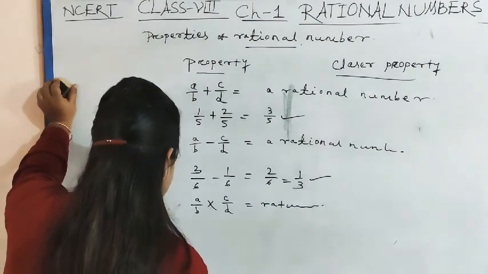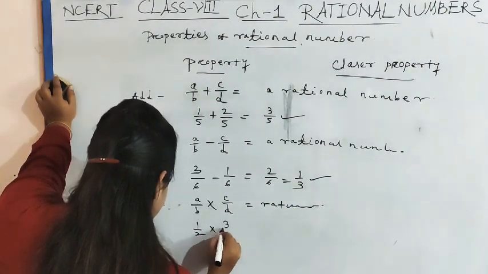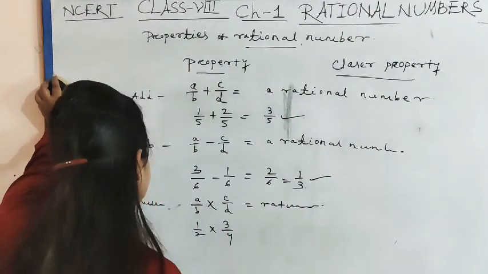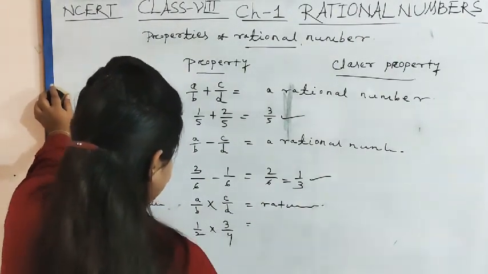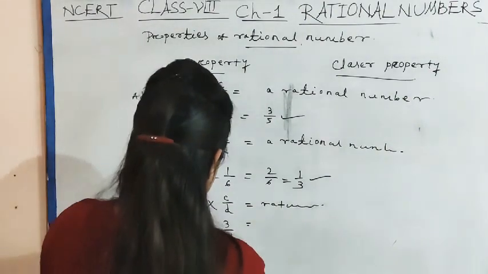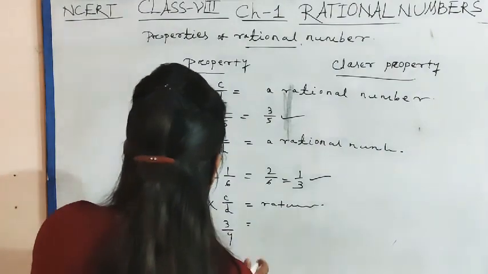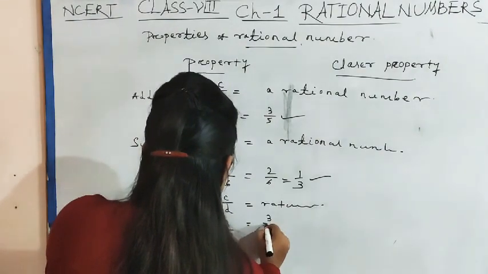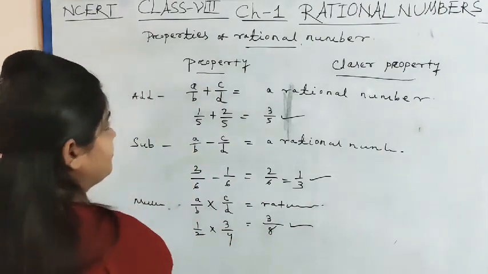Check if it is satisfied or not: 1 by 2 multiplied by 3 by 4. 1 by 2 is one rational number, 3 by 4 another. In product you multiply the numerators and multiply the denominators: 3 times 1 is 3, 2 times 4 is 8. Yes, 3 by 8 is a rational number.